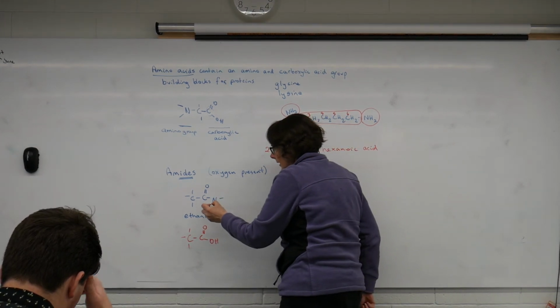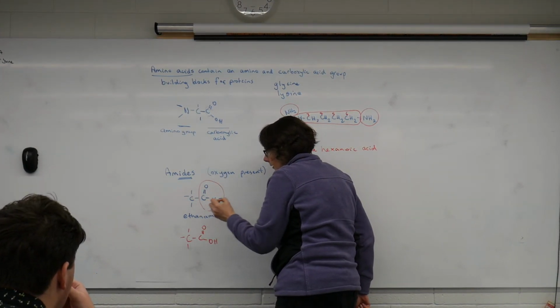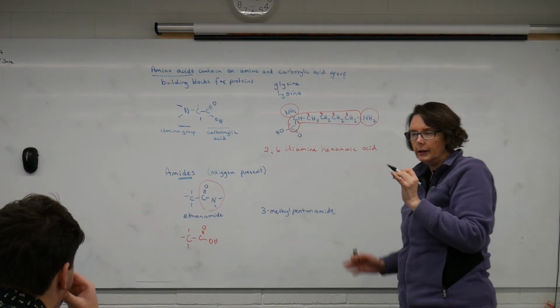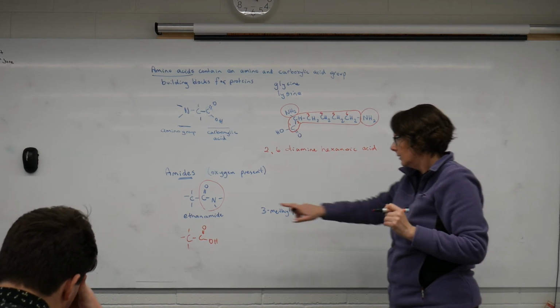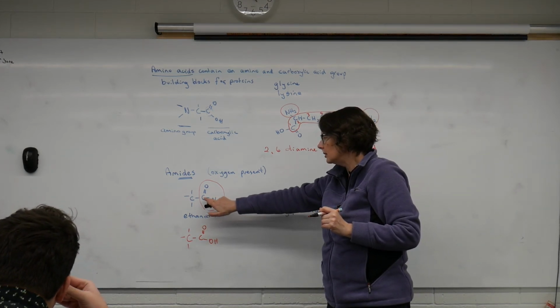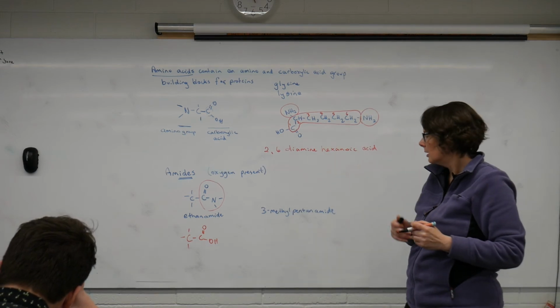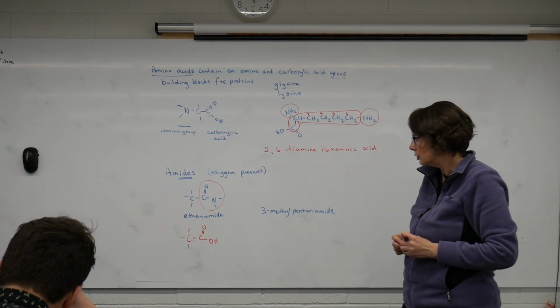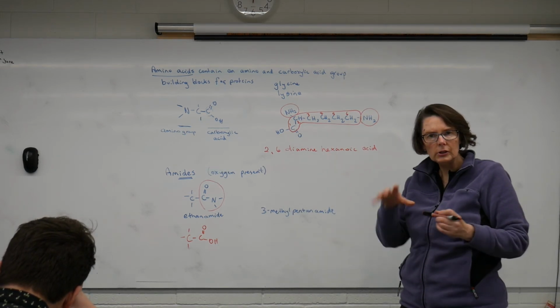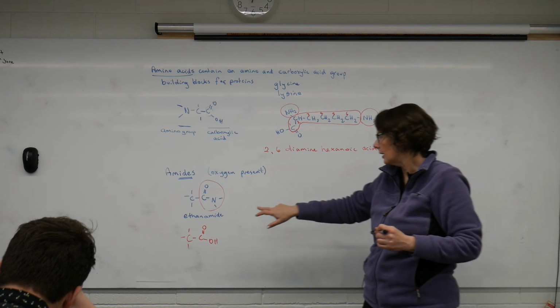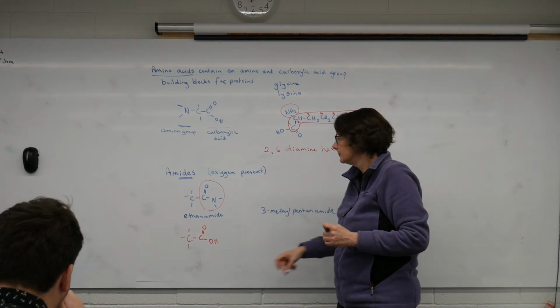Okay, so this part here is the whole part of the functional group for the amide. We need to have this amine joined onto the carbon that's also got the double bond there to the oxygen. Can you see the similarity there between an amide and a carboxylic acid?